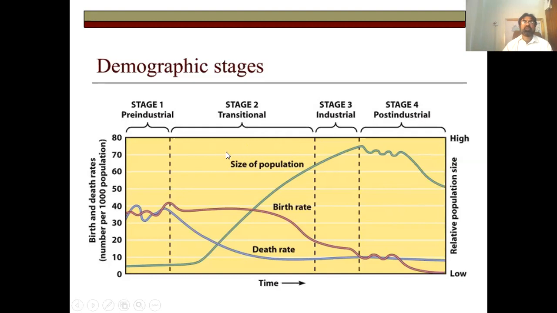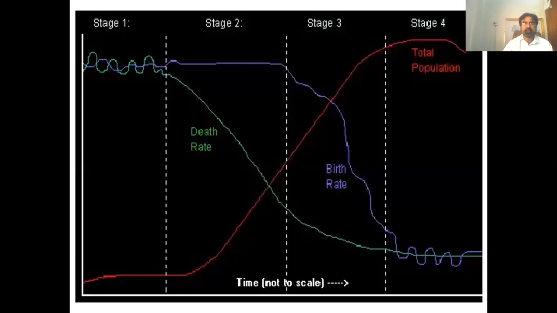So this is what the demographic stages are: stage number 1, number 2, number 3, and number 4. I think you must have understood what I explained, and if you need any explanation, you can give me your feedback. So I will, inshallah, explain it further.